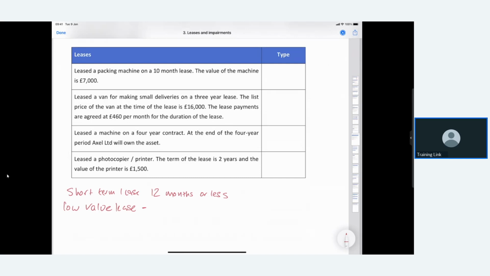So is it some sort of laptop, office equipment with a lower value? So smaller items such as office equipment, and I would say expected under 5,000.